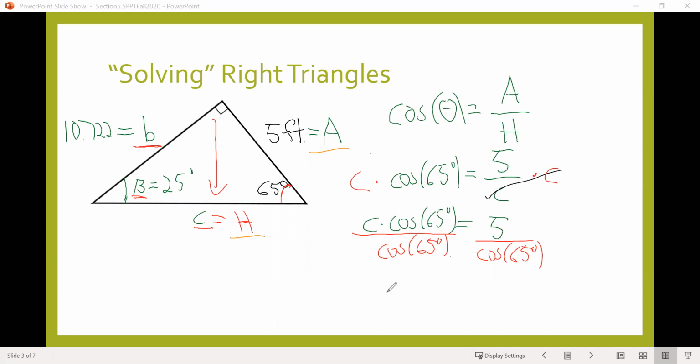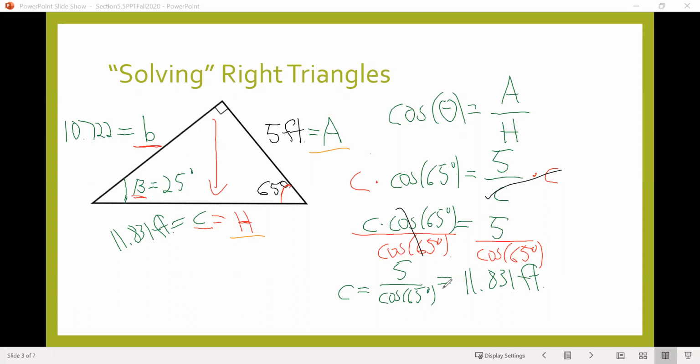These cancel, and so we have that c equals 5 over the cosine of 65 degrees. We can plug that into our calculator, and I get that the length of the hypotenuse is 11.831 feet. That would be our value for c, 11.831. Put the feet on there.